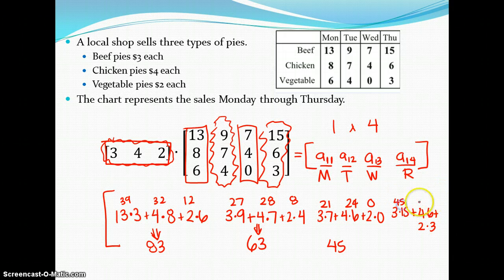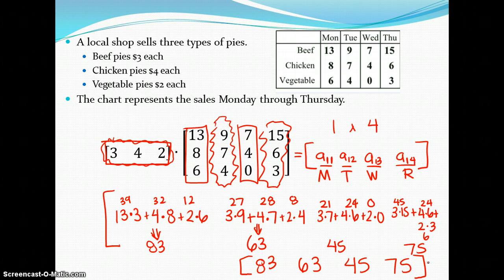So 45, 24, and 6 gives you 75. So our answer matrix shows earnings on each day: 83, 63, 45, and 75.